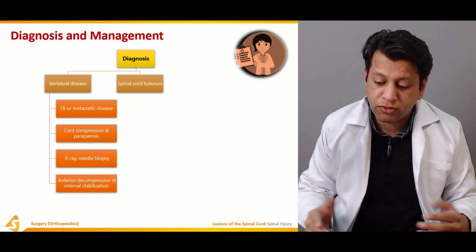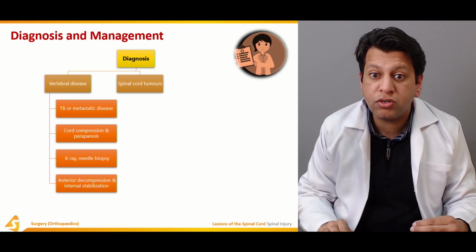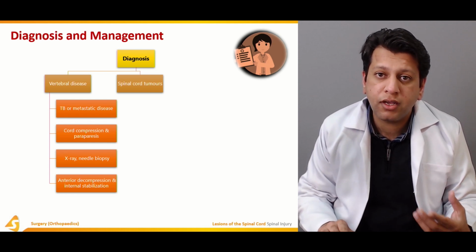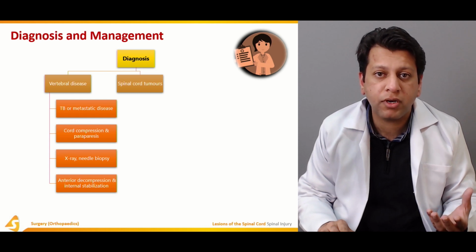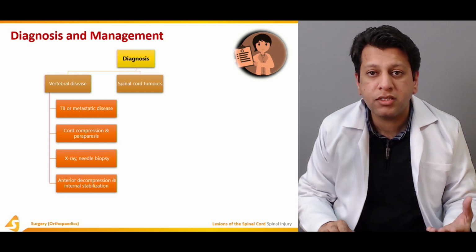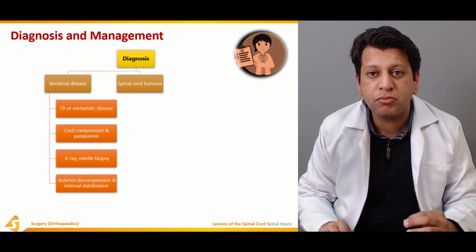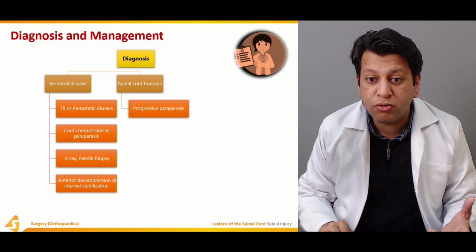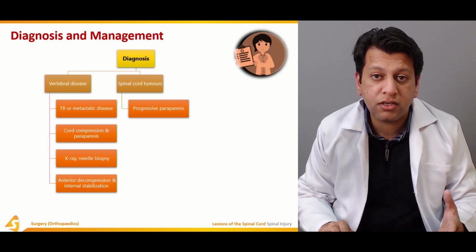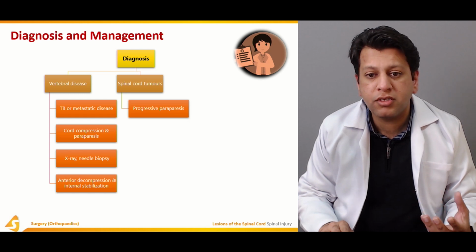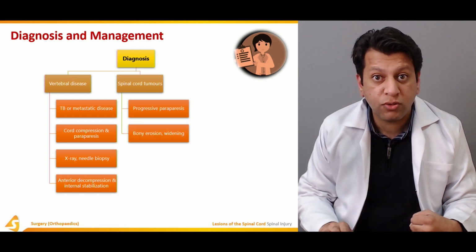So if it comes out to be a spinal cord tumor, if it's a lesion which most likely predicts some kind of tumor, then it could present with narrowing or a kind of point compression, and symptoms may be present as well. This could be progressive paresis as it continues to impinge on the nerve. There could be bony erosions and widening.